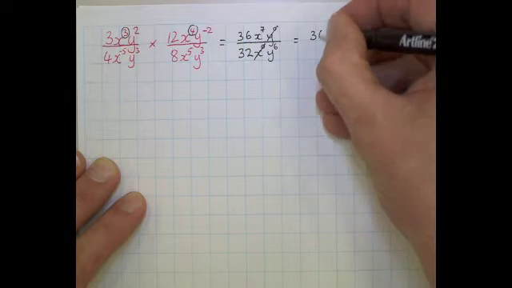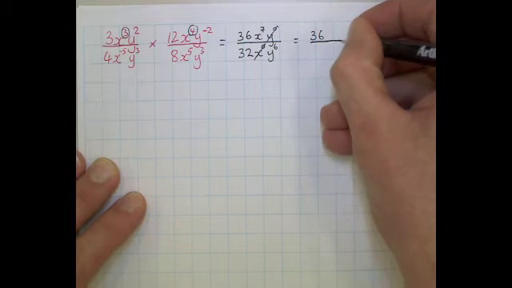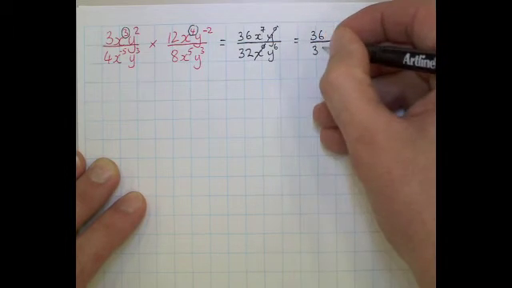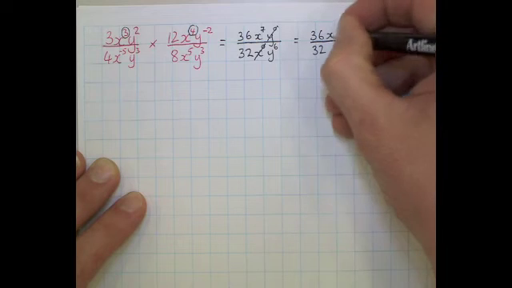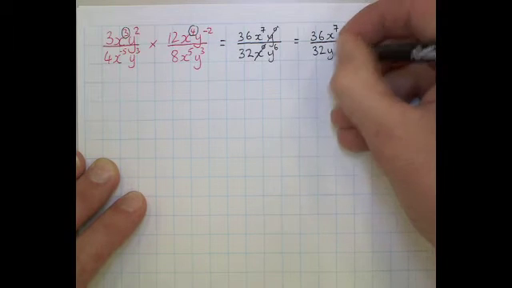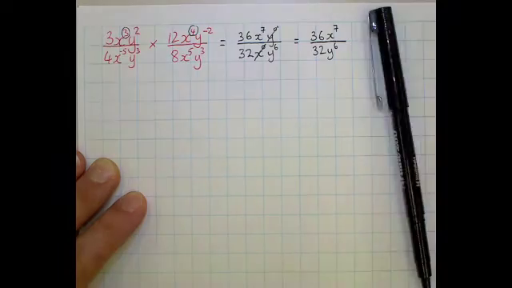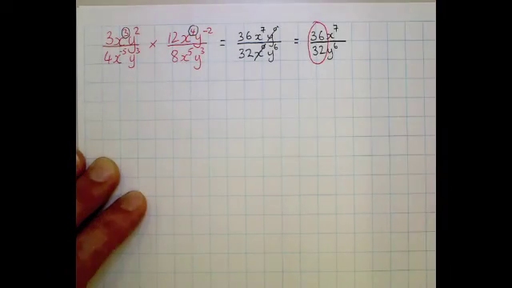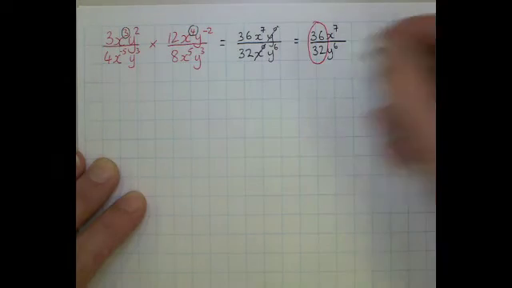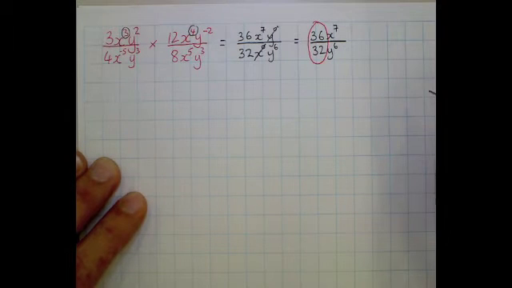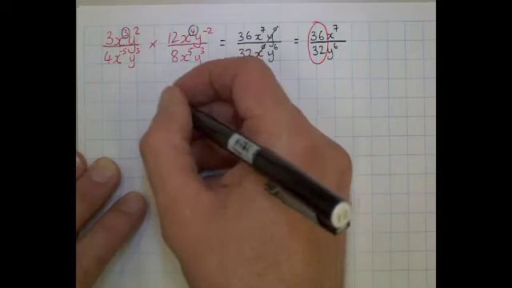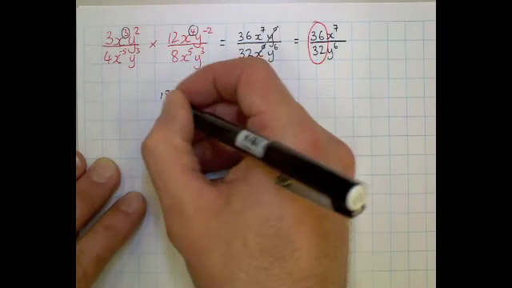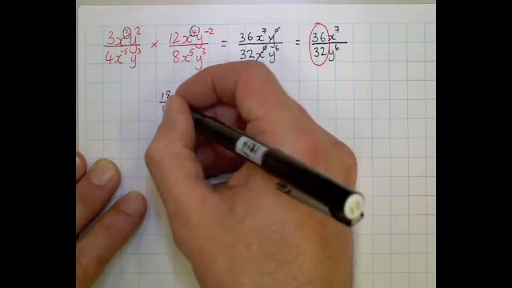We're left with 36 x to the power of 7 over 32 y to the power of 6. Now, we're not finished because we need to simplify our whole numbers there, the fraction of 36 over 32. Because they're even, we can halve both of those. So we can halve 36 to get 18 and halve 32 to get 16.